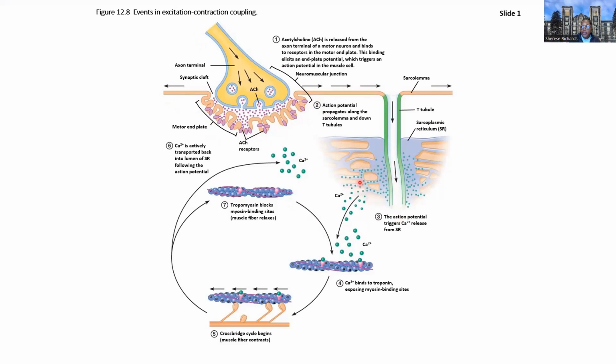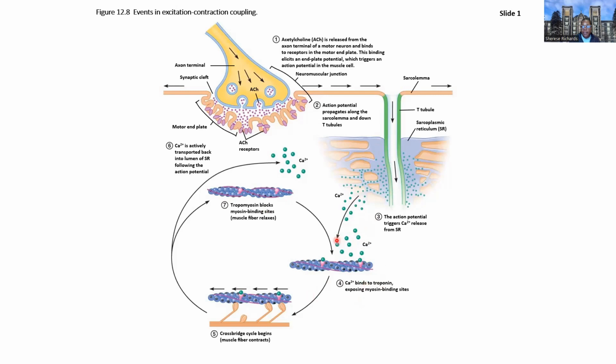Now we're going to have calcium be released because of the ryanodine and DHP receptors. There are two receptors that are coupling the T-tubule on the sarcolemma with the sarcoplasmic reticulum membrane. So those two receptors are sort of voltage sensors, and they're going to pick up that action potential and encourage calcium release from the SR into the sarcoplasm.